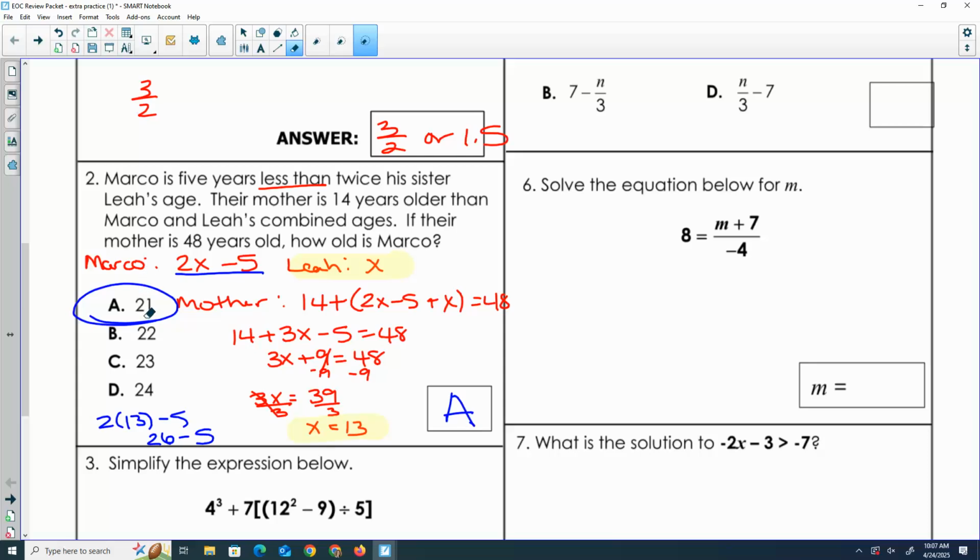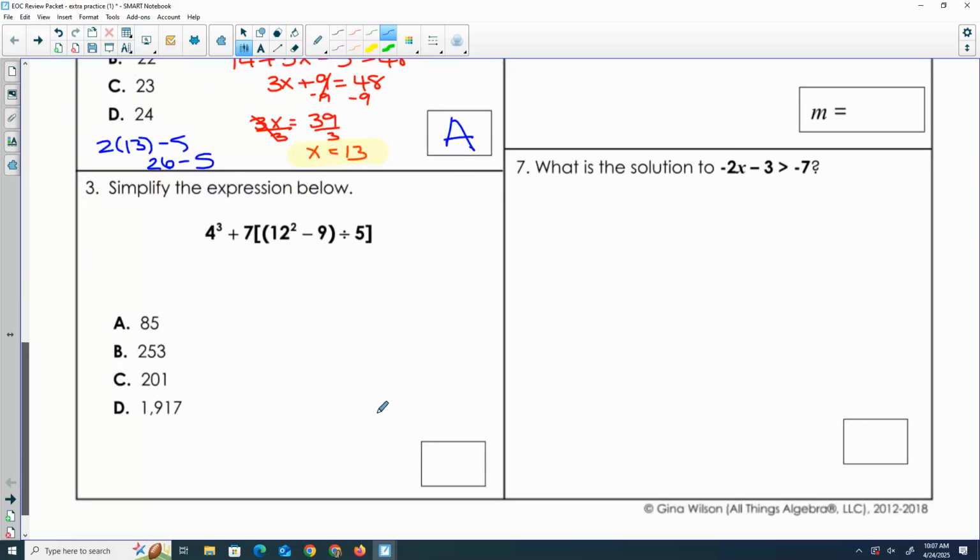So if he was 21, then his sister, and work backwards there. You'd have to add 5 to her age and divide by 2. So if it's multiple choice and you get stuck, go through your answer choices and see if any of those make sense.